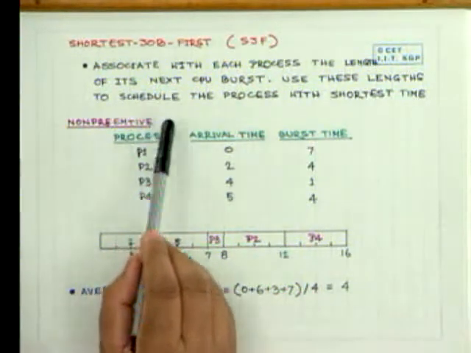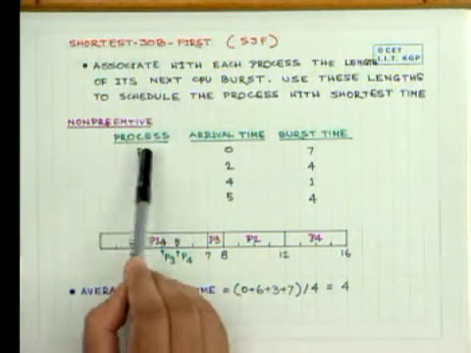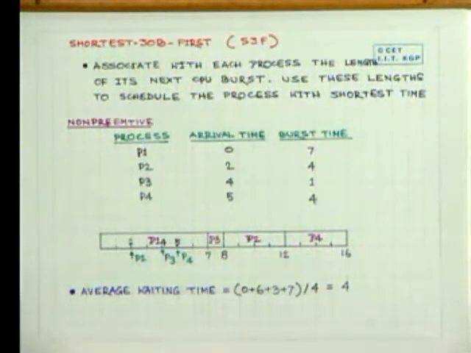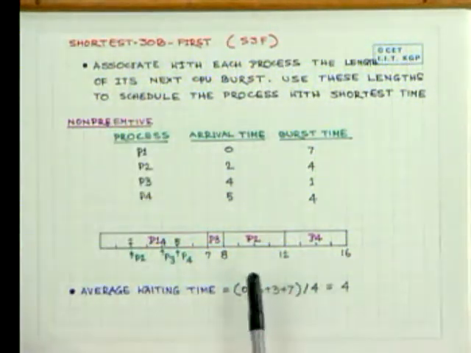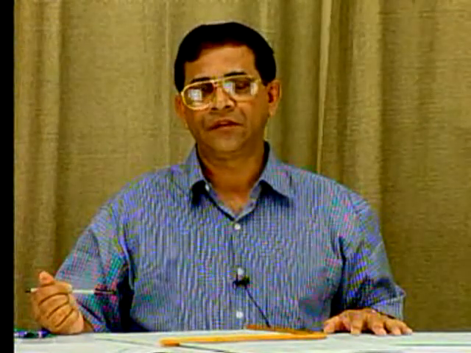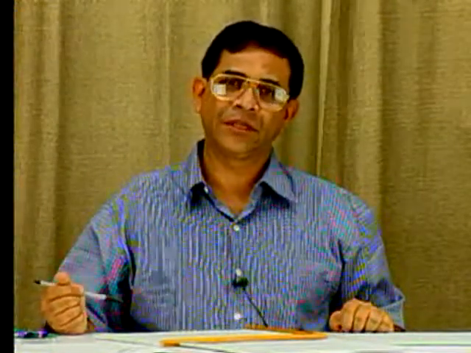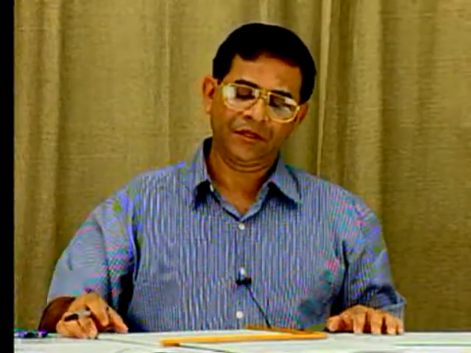It remains in the CPU till the process goes to the IO wait state. Let me repeat once more: we call it non-preemptive scheduling when once a process has been allocated the processor, the process continues in the processor as long as it does not go to the IO wait state. If it has to go to the IO wait state, then only it leaves the processor, and the next process from the ready queue is selected for execution in the processor.